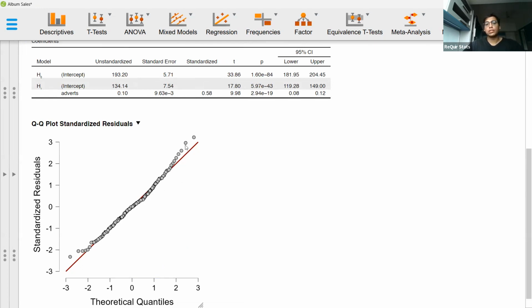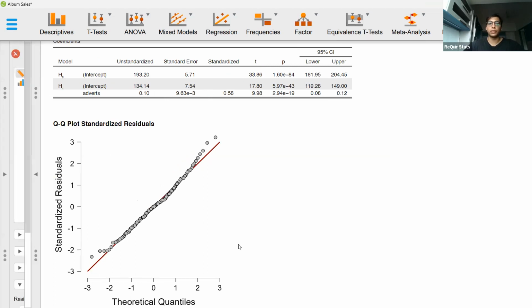Of course, outlying points usually tend not to fall on this line because outliers have extreme values. So it's fine if the outliers are a little spread apart from this line. But the important thing is that these points are uniformly spread on the straight line, very close to each other. So the assumption of normality of residuals is met. One more assumption is met.